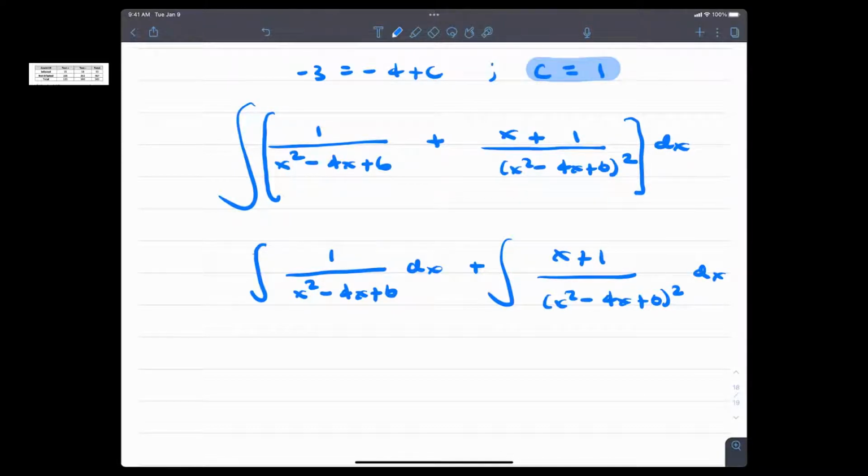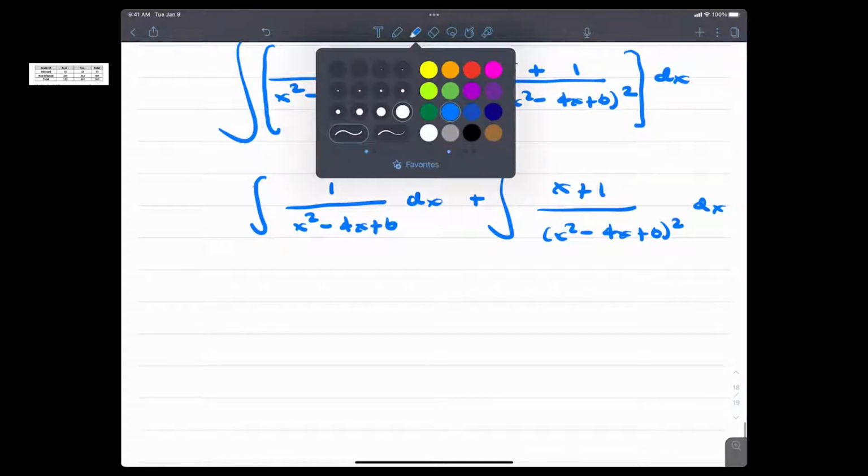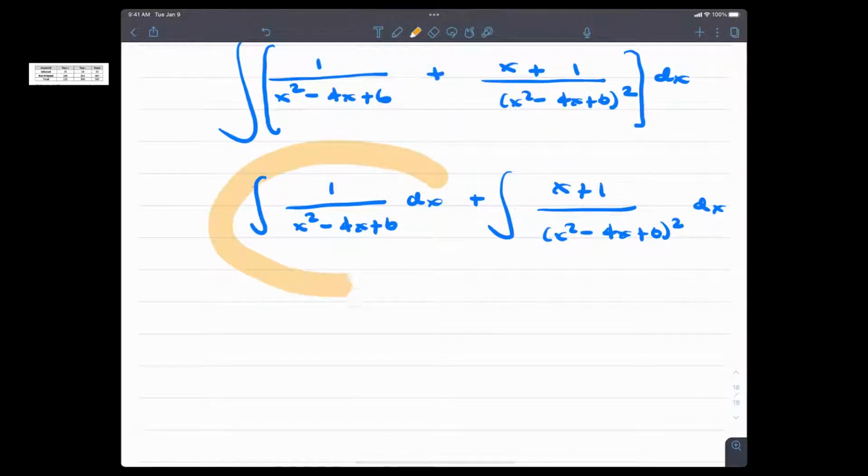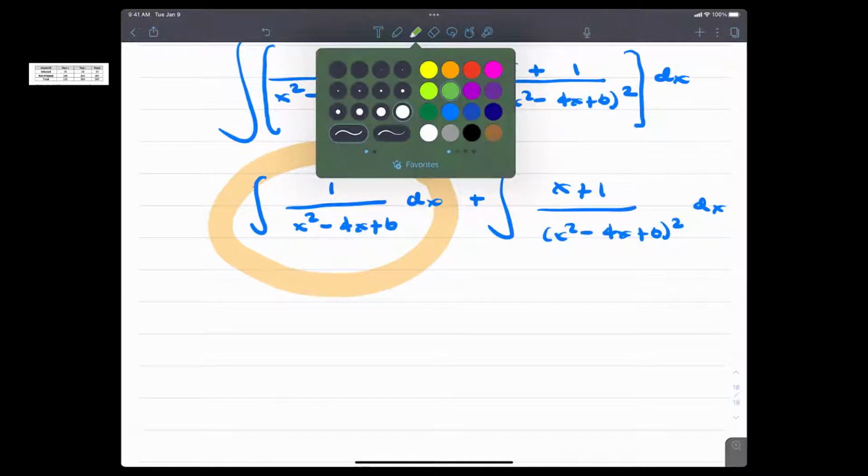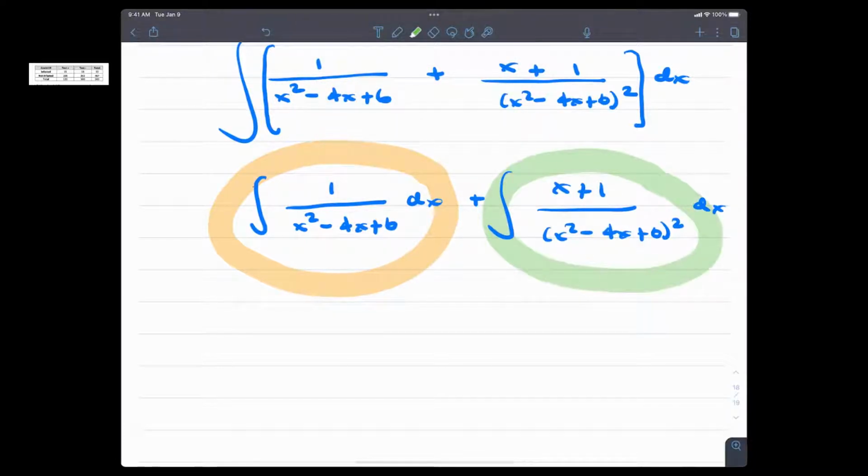So now you have one integral and maybe 2 or 3 integrals. You can split up this integral in green into 2.